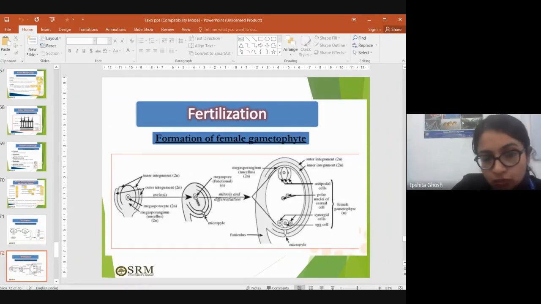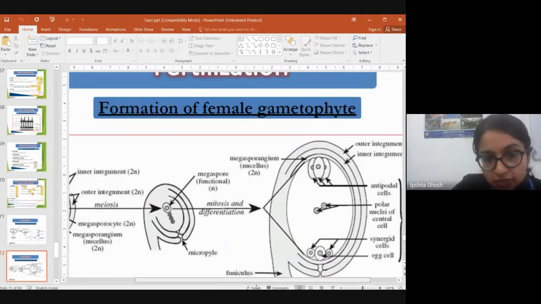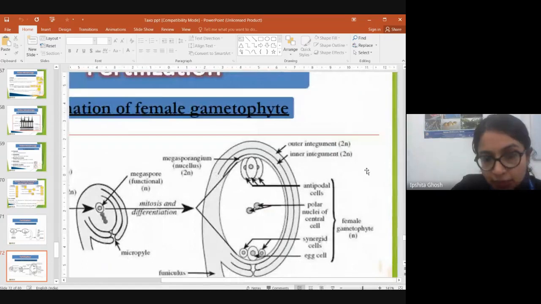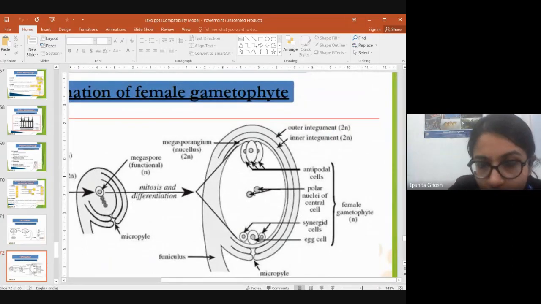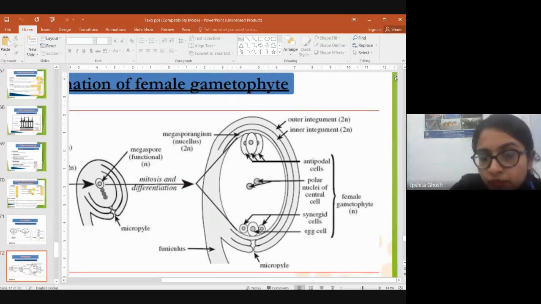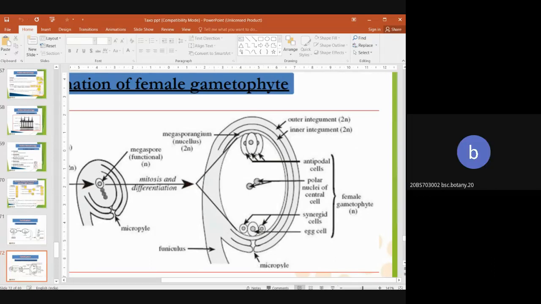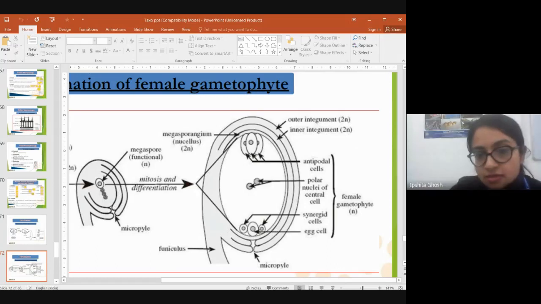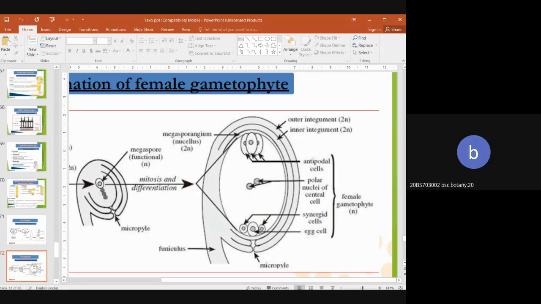Now look at the female gametophyte. Can anyone tell me what are essentially the cells in the female gametophyte? Ma'am, one egg cell. Yes. Two antipodal cells, I guess.